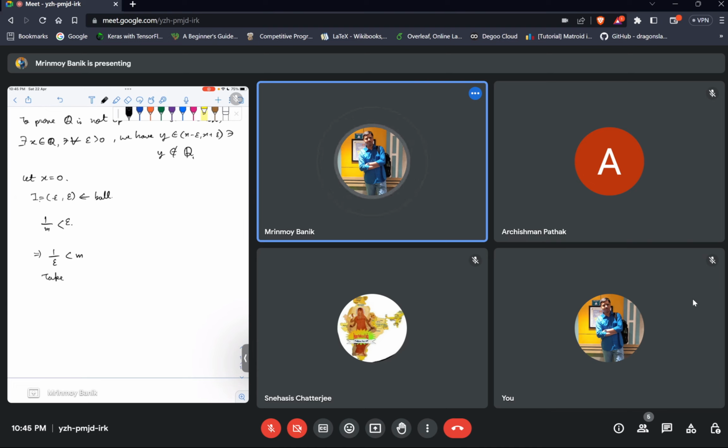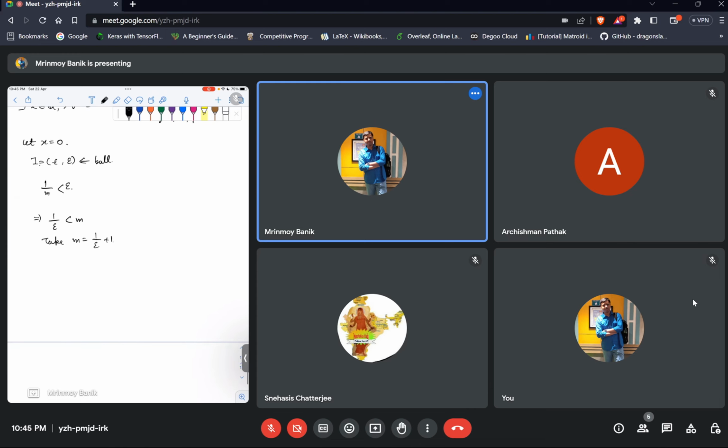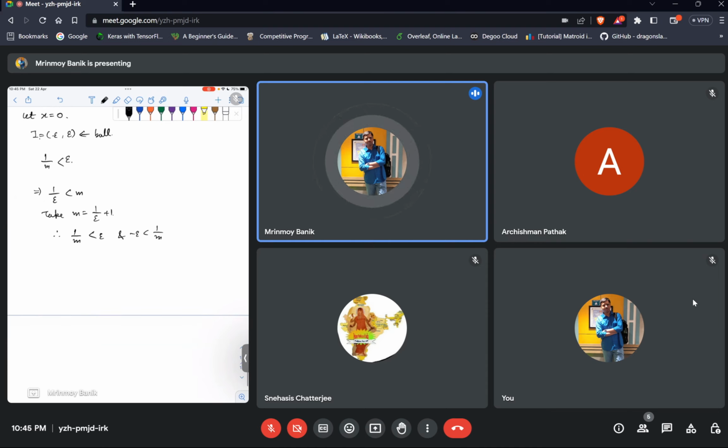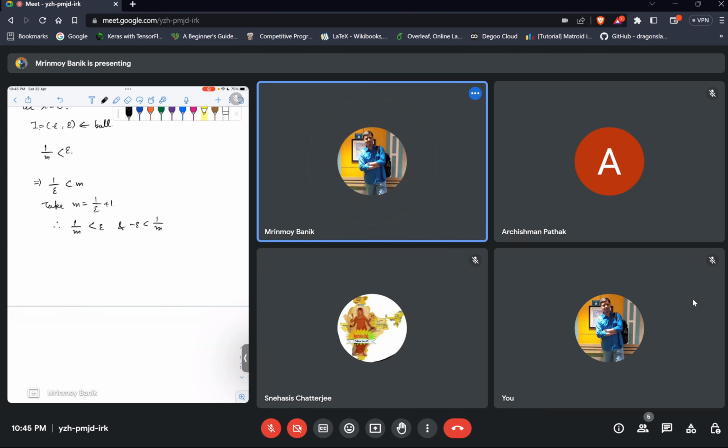So take m equal to 1 by epsilon plus 1. Therefore 1 by m is strictly less than epsilon, and minus epsilon is strictly less than 1 by m.